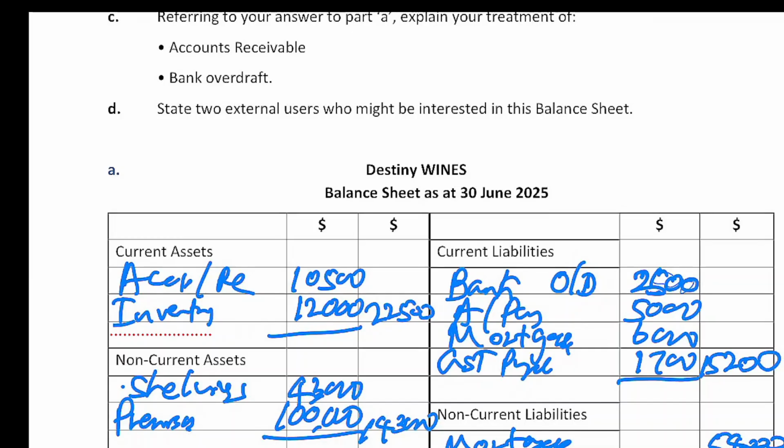Bank, yes. Business owner, very good. Owner will be the first one. You can write any of them. Owner, banks, then potential investors, accounts receivable, accounts payable, those are the ones.